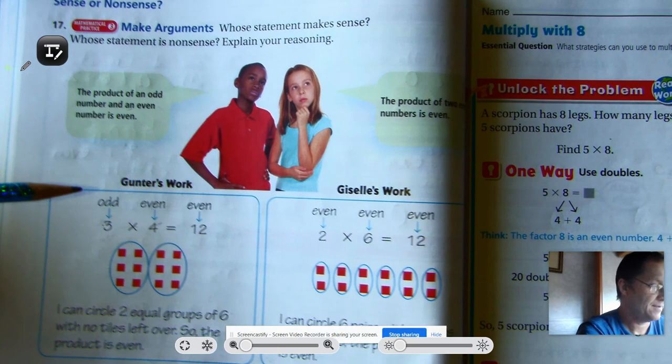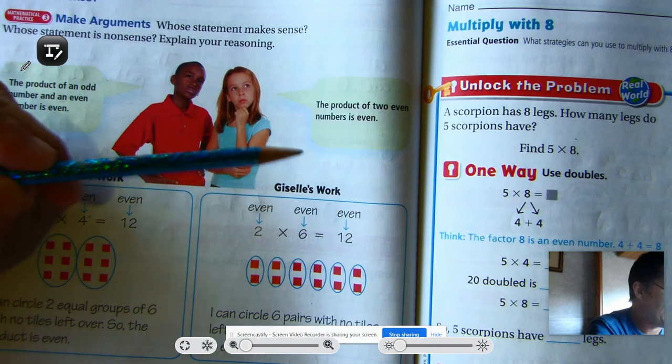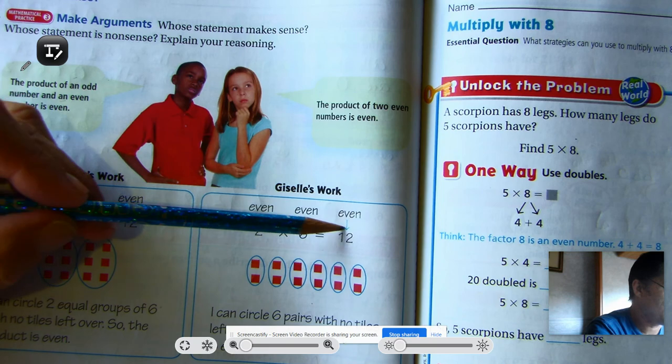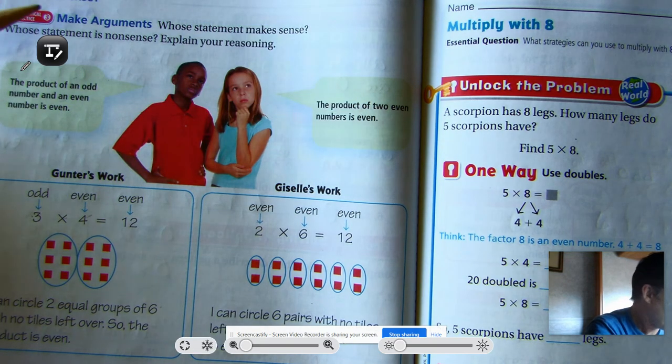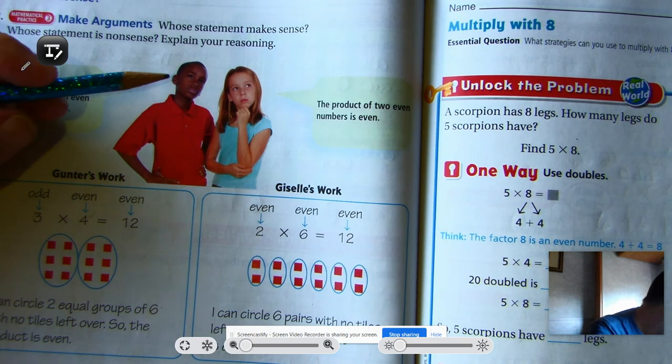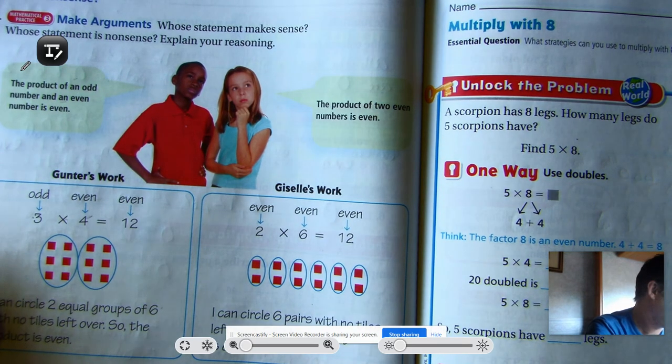All right. Giselle says 2 times 6 equals 12, and she says the product of 2 even numbers is even. So the statements both make sense.